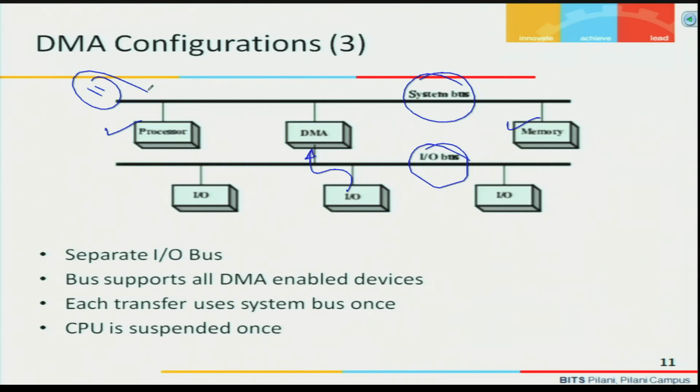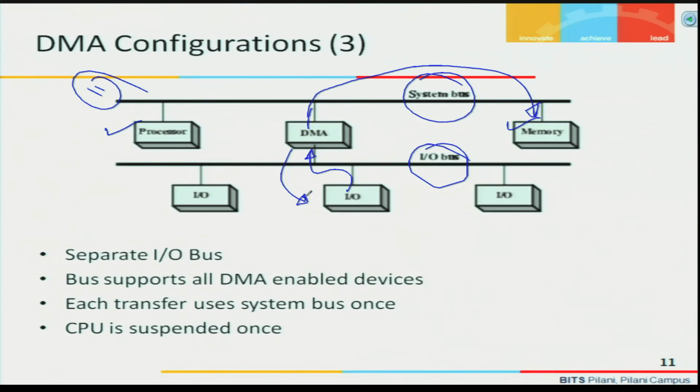The CPU will be suspended only when the DMA tries to transfer the data read from the IO device into the memory, or vice versa, memory to DMA. Then the system bus access is required only once, and at the time of transferring from DMA to IO it does not require any system bus, so there is no CPU suspension.